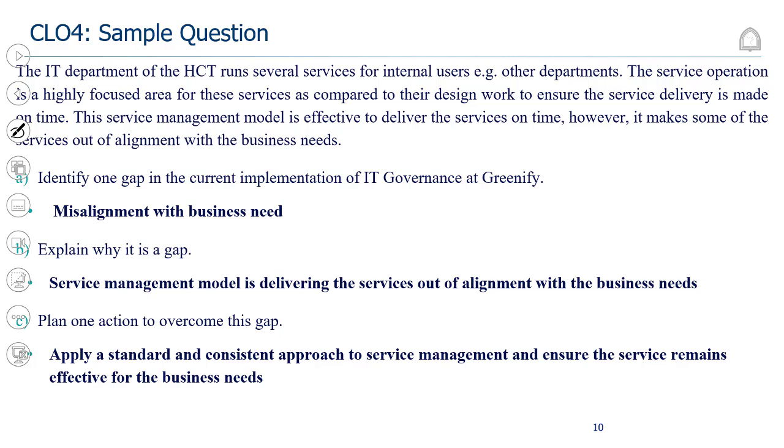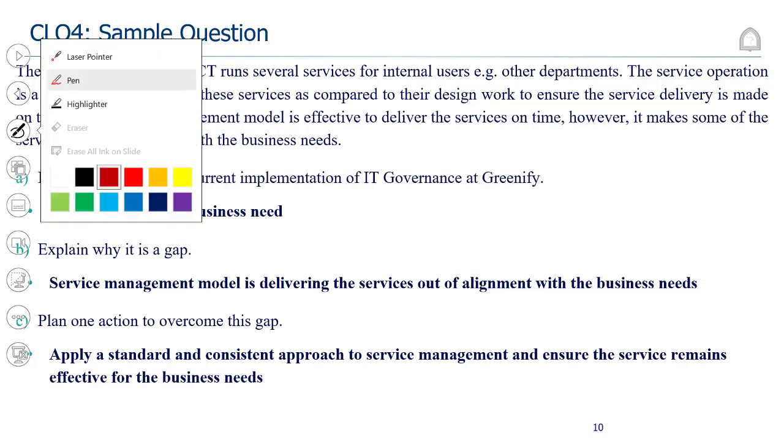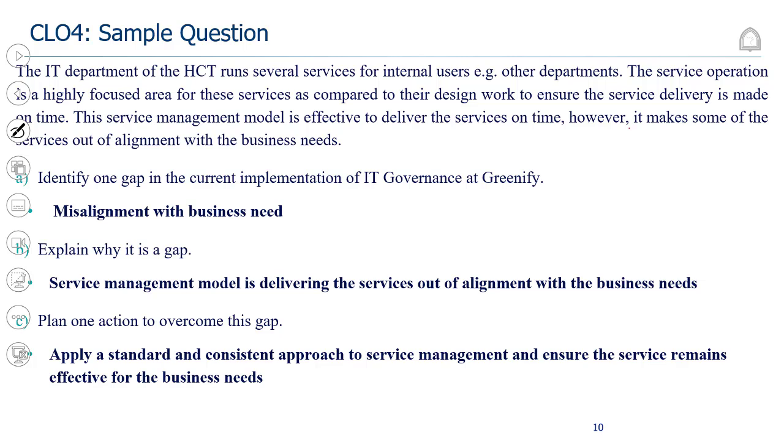Let's look at this one here, for example. Everything is okay. They seem to be doing things so well. But the problem is here. That statement there is where they make some of the services out of alignment. It doesn't matter how well you're doing things, but if you're going to carve services which are not aligned with the business, then that's a problem. That's a gap.